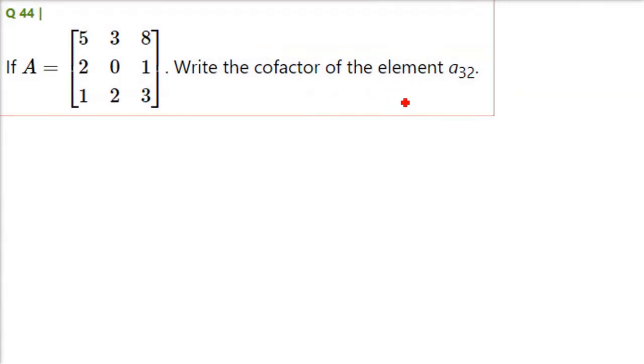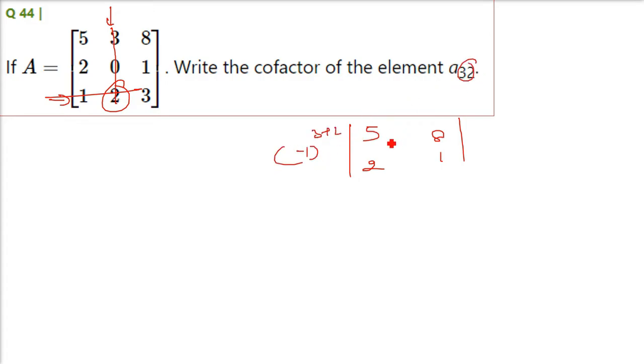Write the cofactor of the element A32. What is the third row? This one. What is the second column? So you are getting the value as 2. A32. So just leave the intersection of the row and column here. 5, 2, 8, 1 will be the minor. And what will be the cofactor? Minus 1 to the power 3 plus 2.